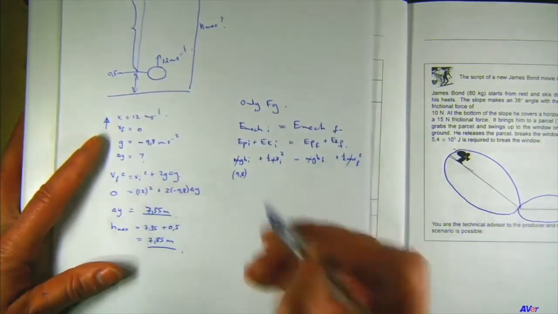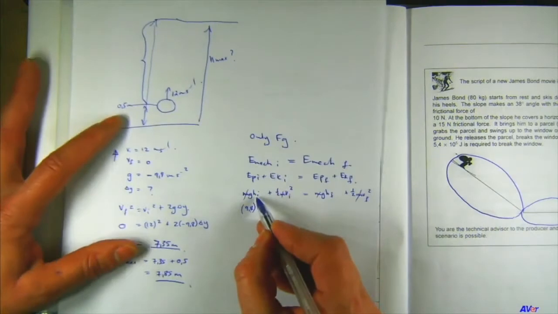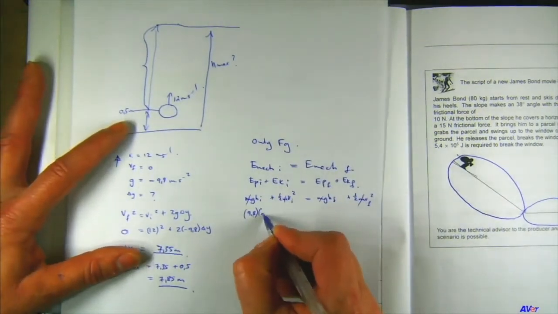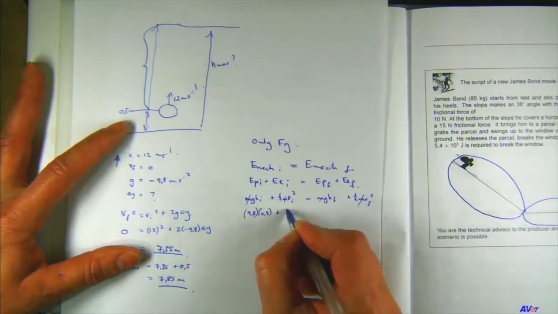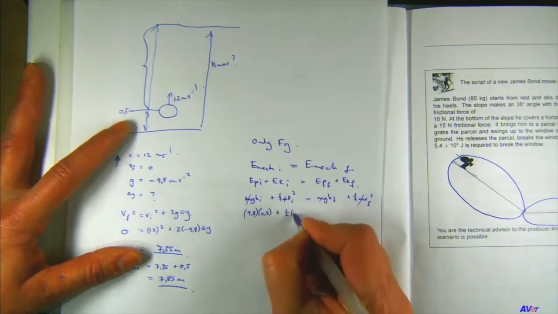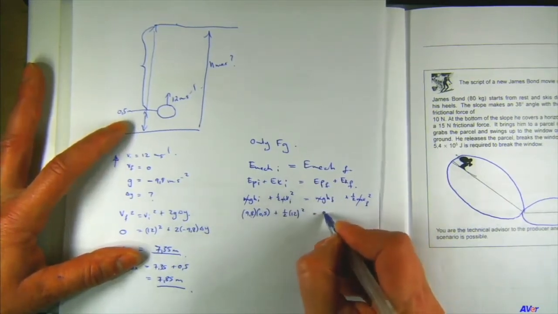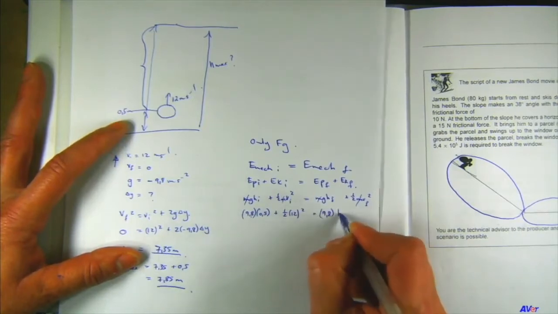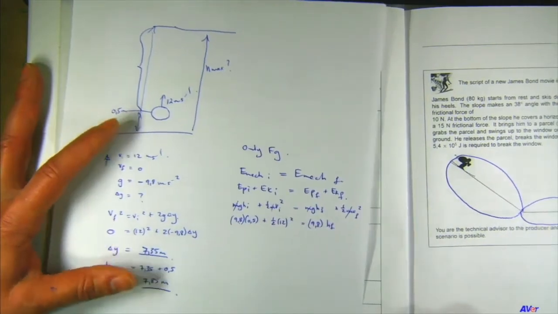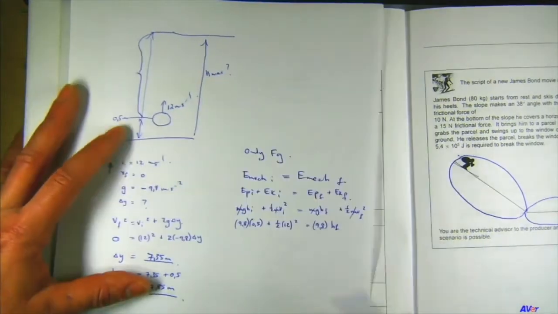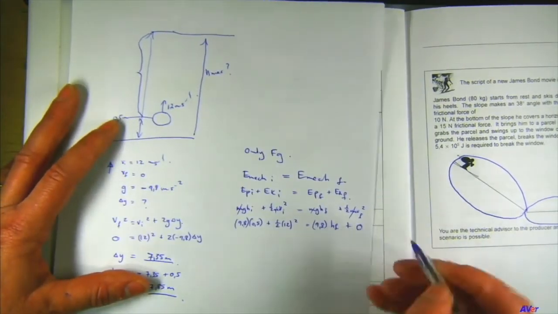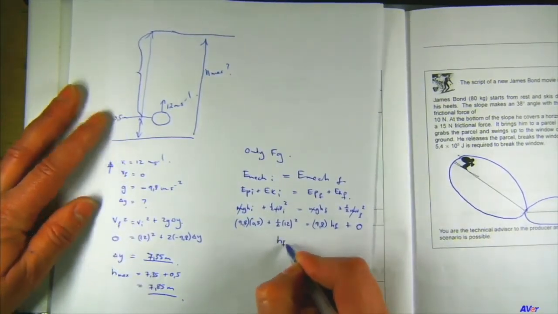Just 9.8. What is the initial height? 0.5. Initial velocity, 12. Final, g is 9.8. We're looking for the final height. And what do you know about the velocity up there? 0. And then you can work out that final height.